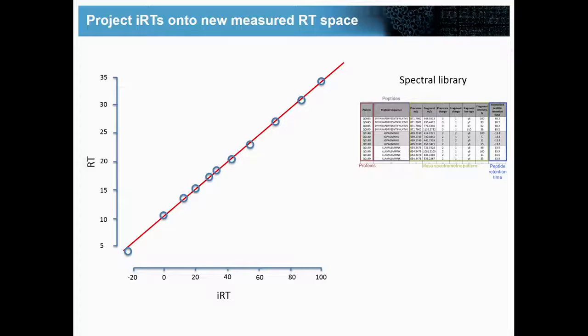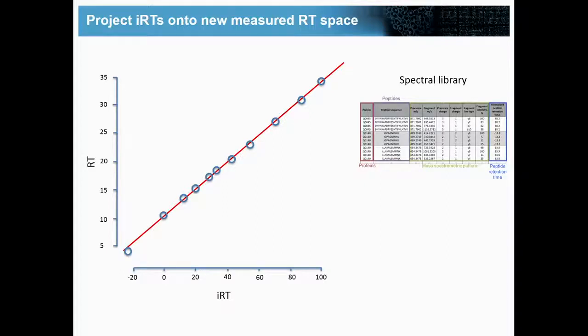What we do is look for these 11 peptides in the DIA analysis, and we redraw this linear regression, right? So these are the retention times of these 11 peptides in absolute retention time now in our DIA data.